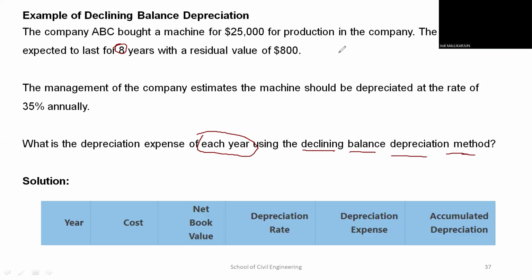For this, we have to calculate now the depreciation expense. What was the amount? Cost was $25,000, right? And the depreciation rate was 35%, right? Now we have to calculate the depreciation for each year, as they asked for each year.